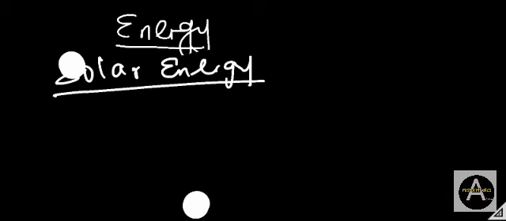So solar energy can be used as heat, because from the sun we get heat. Solar energy can be converted to electrical energy. Solar energy can be used for many things. In fact, from the sun we get light, right? So solar energy is another type of energy.